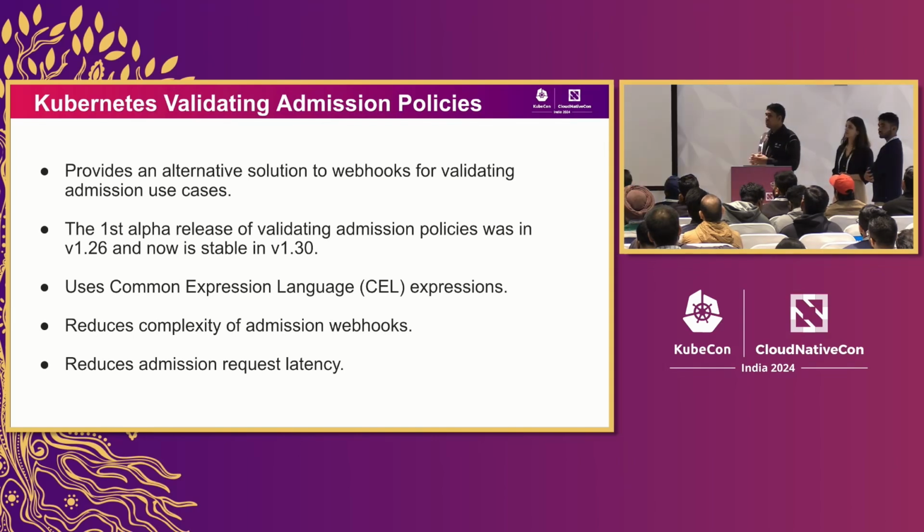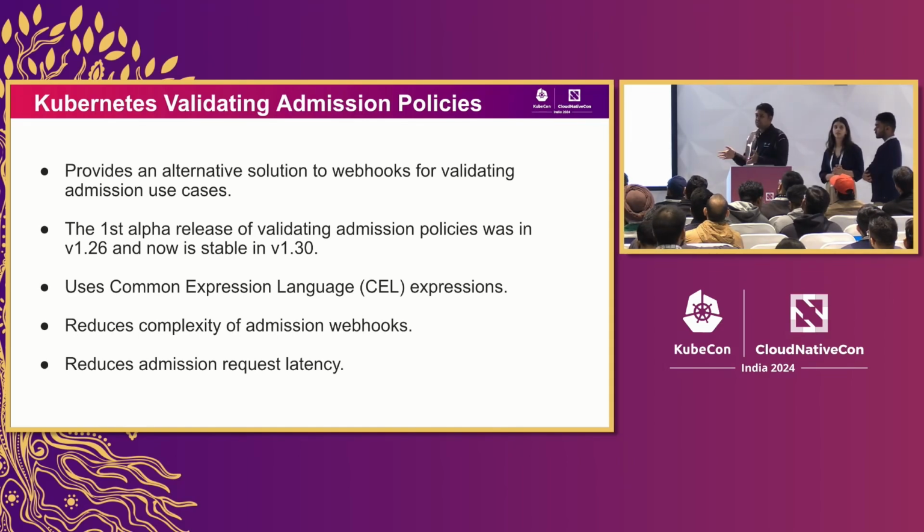They use the CEL language for validating your resources against certain conditions, and overall reduce the complexity of admission webhooks, which introduce certain latencies to your system. So that's where validating admission policies come into the picture.